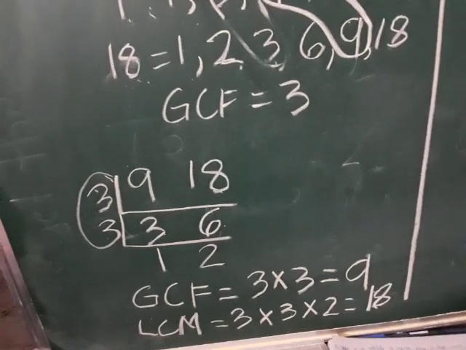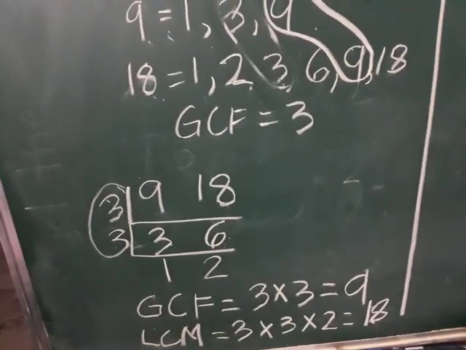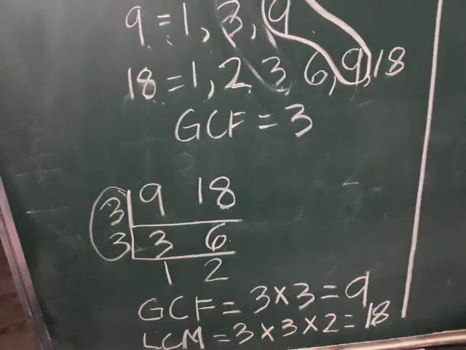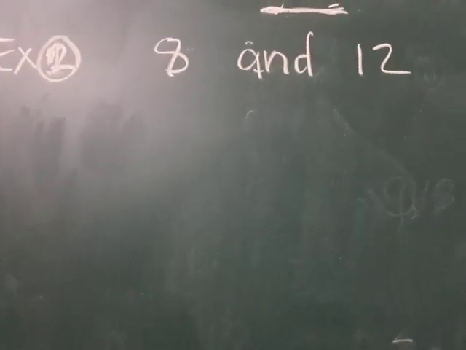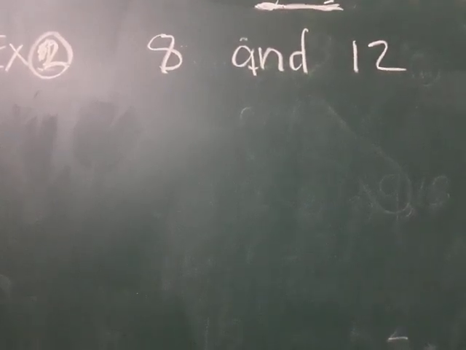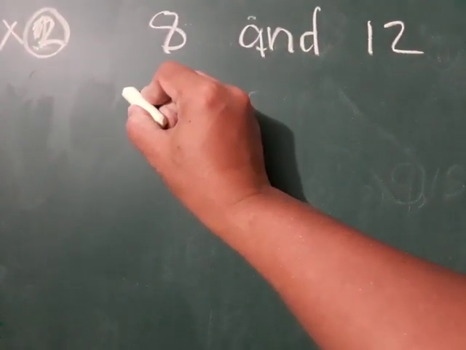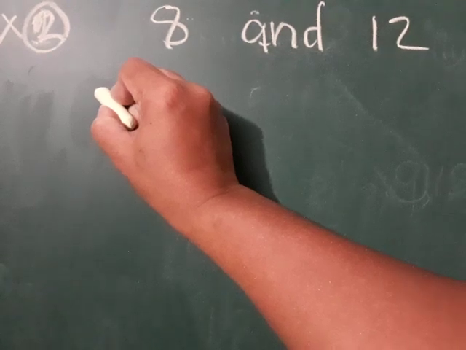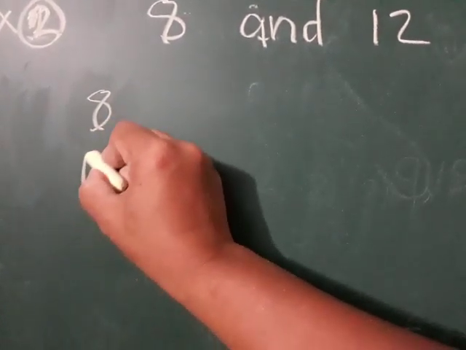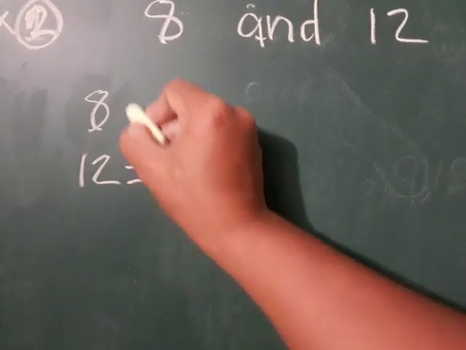Okay, so let's have another example. Okay, so example number 2, we have 8 and 12. So let's do first the listing method. The same way, let's get their factors, or list down all their factors.